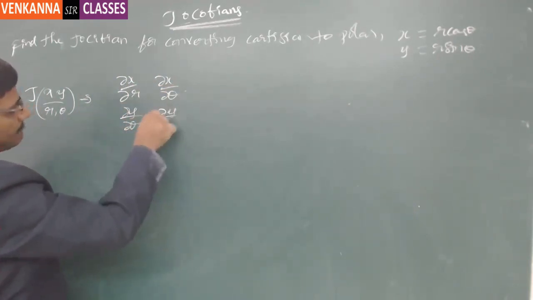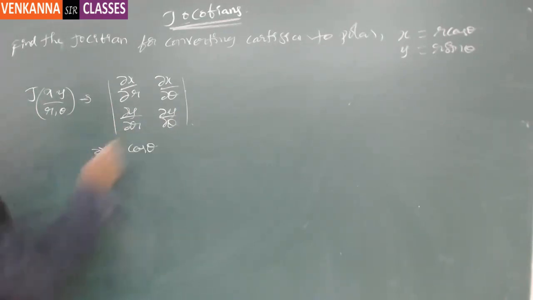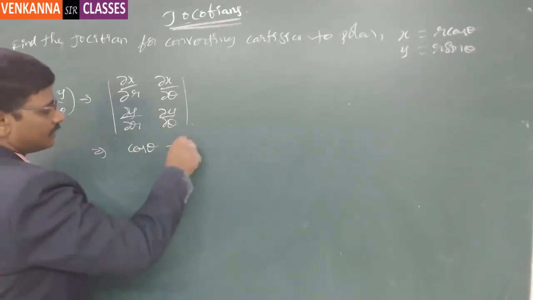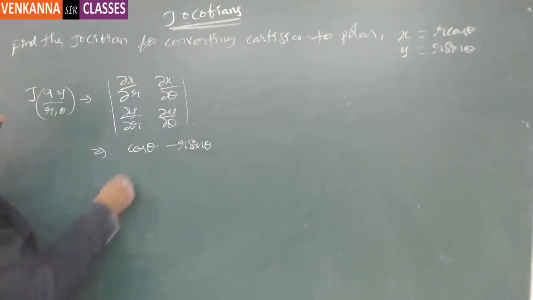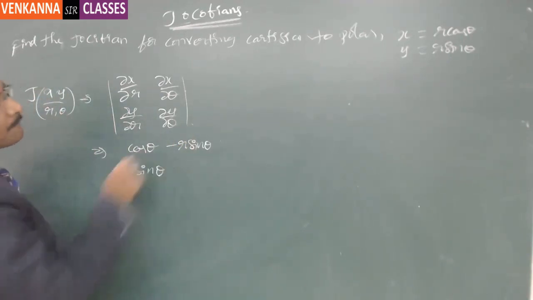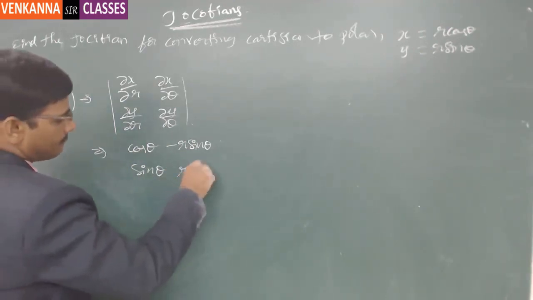Now for this we need to find the determinant. Here dou x by dou r is nothing but cos theta and dou x by dou theta is nothing but minus r sin theta, and dou y by dou r is sin theta and dou y by dou theta is r cos theta.